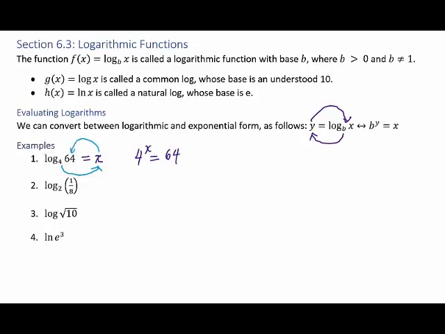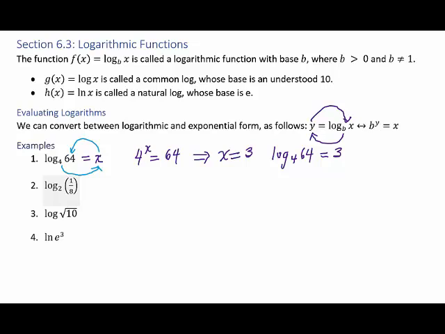Then think about powers of 4, and I want the one that produces 64. 4 squared is 16, and 4 to the third is 64, so that must mean that x is 3. Altogether, we can say log base 4 of 64 is just 3.